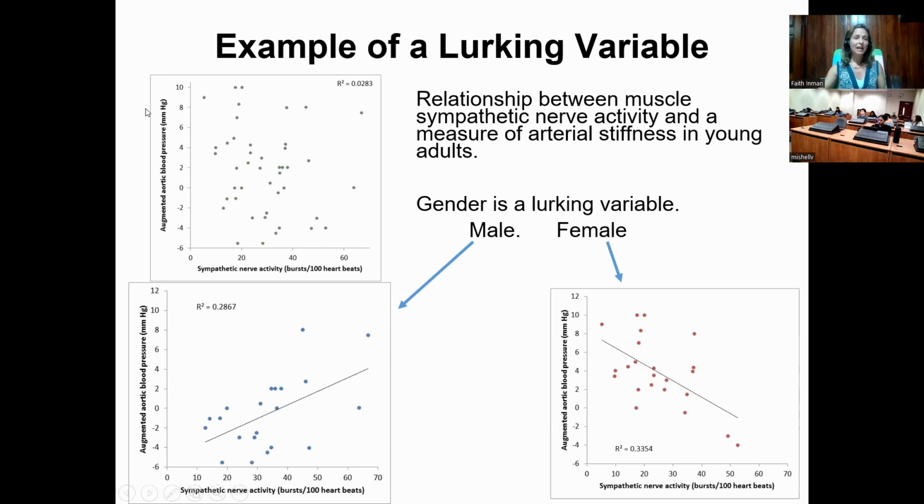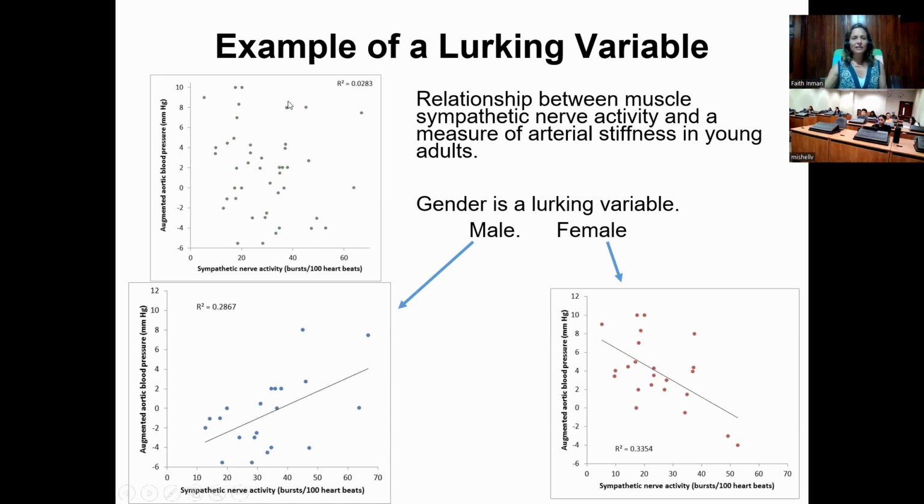measured. And on the upper left-hand corner, you see if you put sympathetic nerve activity in bursts per 100 heartbeats on the x-axis, and then on the y-axis, you put augmented aortic blood pressure in millimeters of mercury.